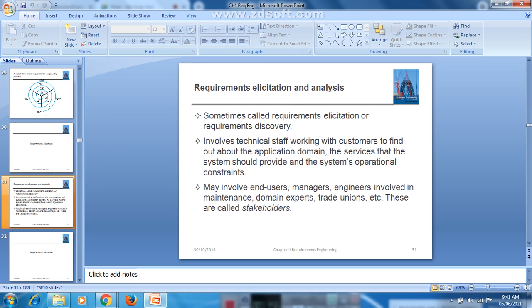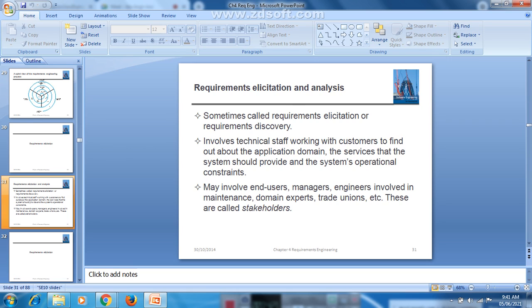The technical staff in the industry work with the customer to find out the application domain, the services that the system should provide, and the system's operational constraints. So mainly the technical staff and the customer are the two main stakeholders in the case of requirement discovery.